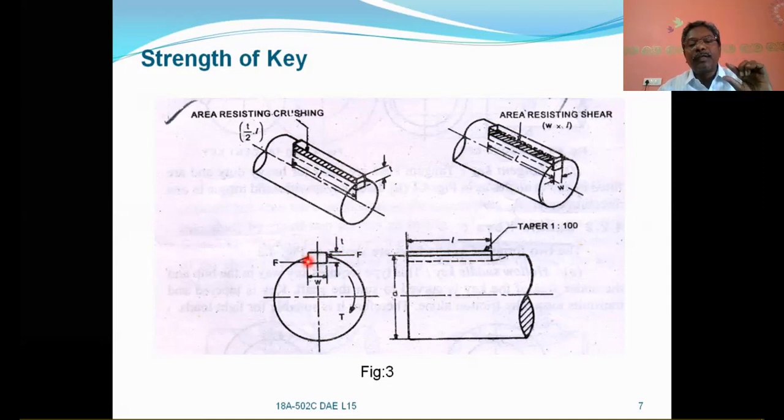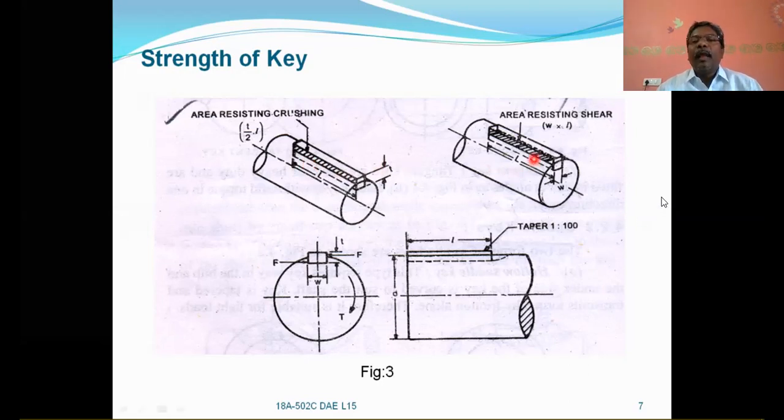So the crushing area will be t by 2 into the length of the key. Thickness of the key into length of the key is the area resisting the crushing.